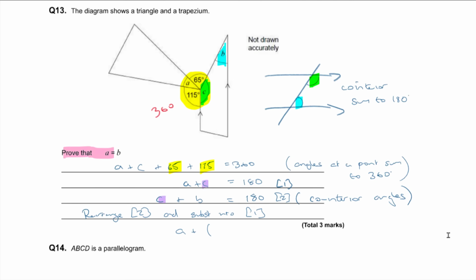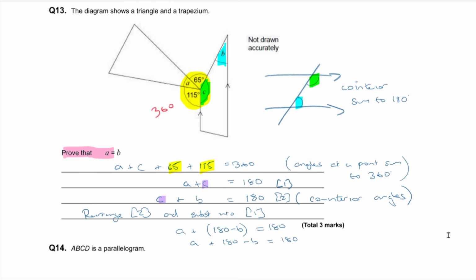So making C the subject and replacing C in equation 1 with what I've got, I get A plus 180 minus B is equal to 180.